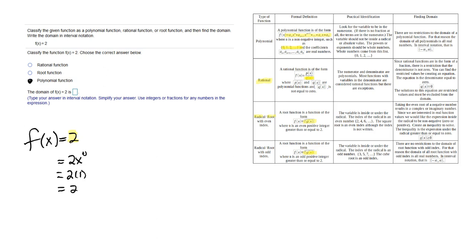So we have a polynomial function, and what we do is we memorize with polynomial functions that all polynomial functions have a domain of all real numbers or negative infinity to infinity. So that is our domain, negative infinity to infinity.